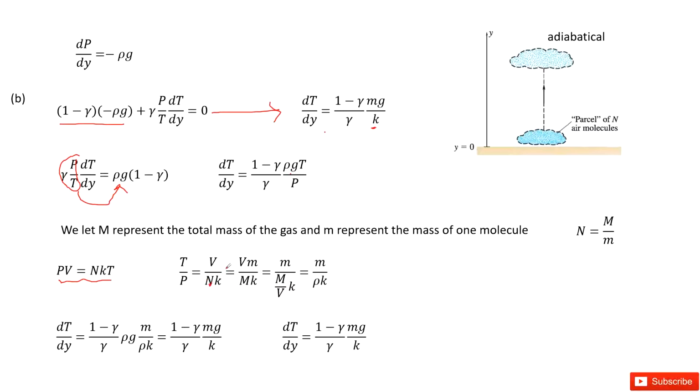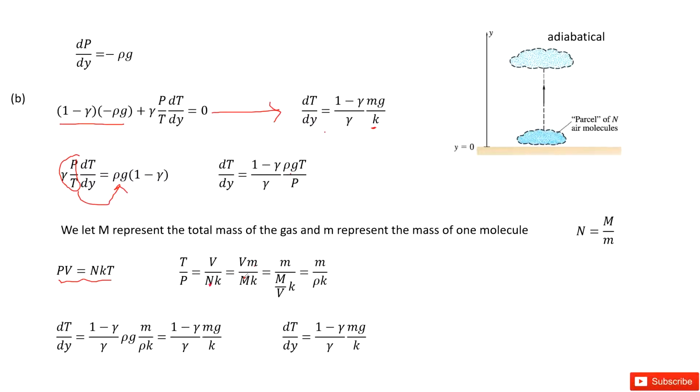So we can still use it as what? As the mass over the atomic mass. Agree? Yes, the mass over atomic mass. Therefore, this N, 1 over N, just equal to mass over atomic mass.